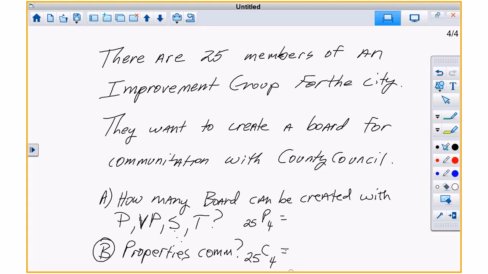So run it through your calculator and see what you come up with. If you can't do it, just write it up as what? Failure.